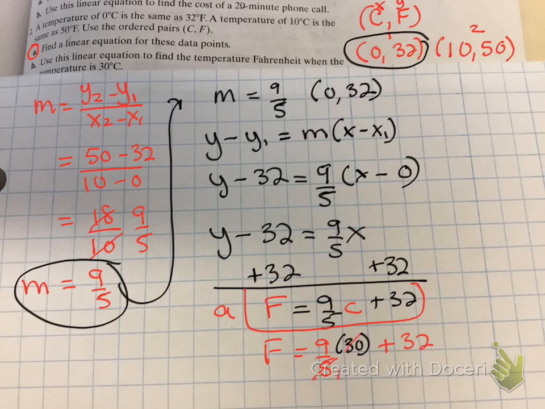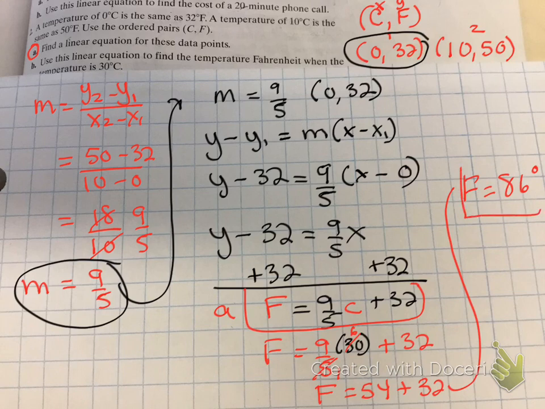It becomes Fahrenheit is equal to 54 plus 32. So Fahrenheit is equal to 86 degrees. And don't forget your degrees. So here is part B, here is part A. Are you guys with me?